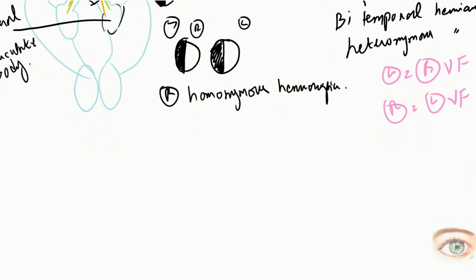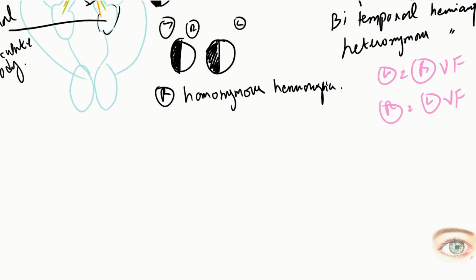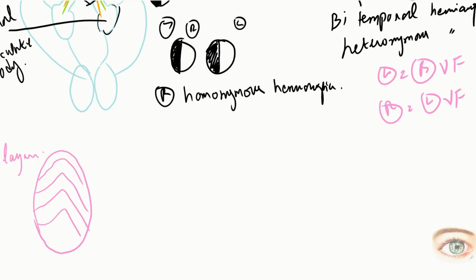This acts as a relay center, and it has 6 layers. Now, if you make its structure more like this, it has one, two, three, four, five, and six. It has 6 layers.